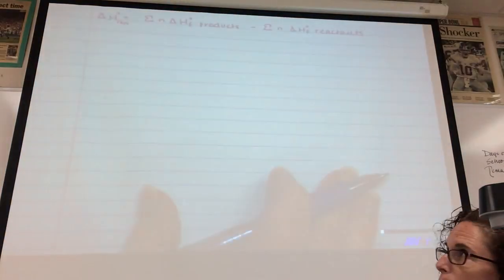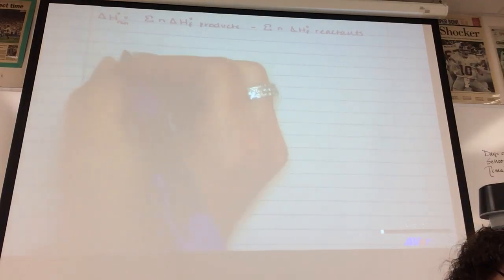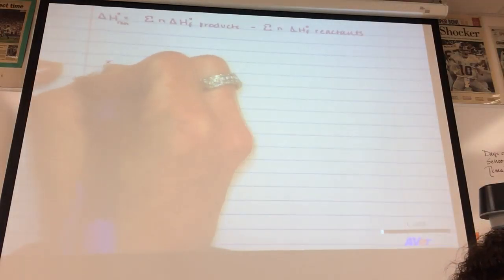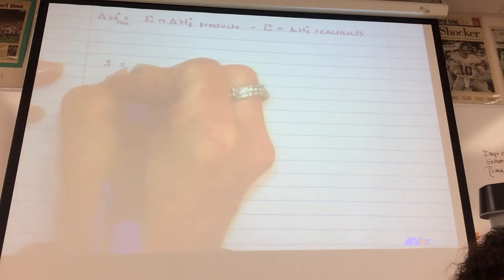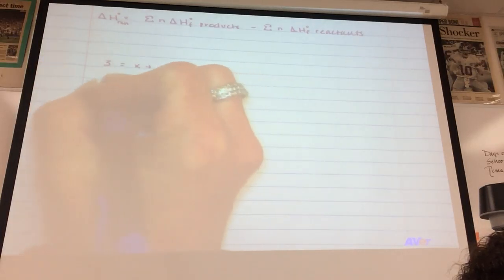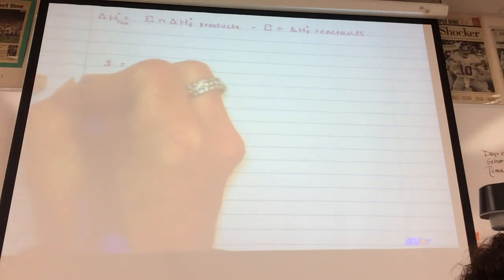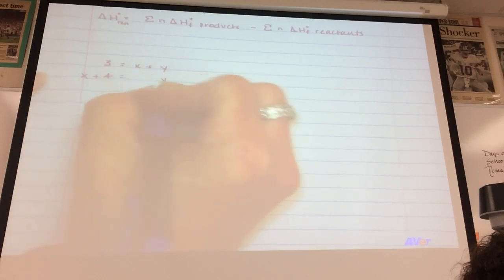It would be similar to doing an algebraic problem where, for example, you have 3 equals x plus y, and you have x plus 4 equals y.